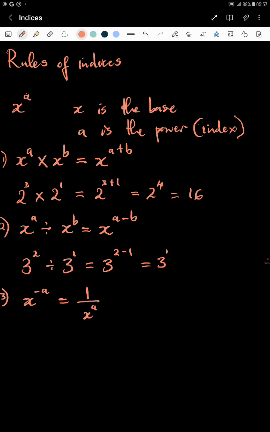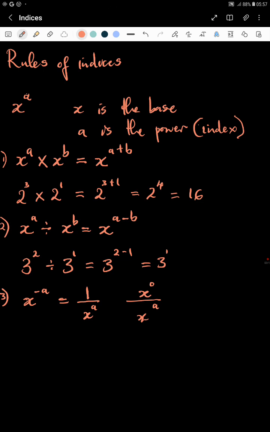So in other words, let me just prove this. 1 is equal to x to the power 0 over x to the power a.